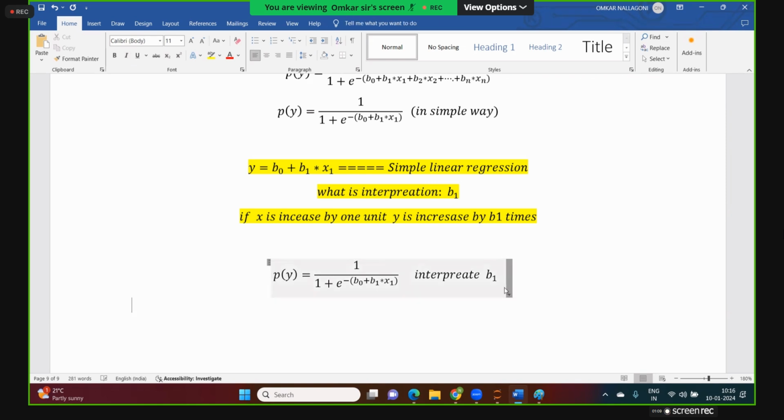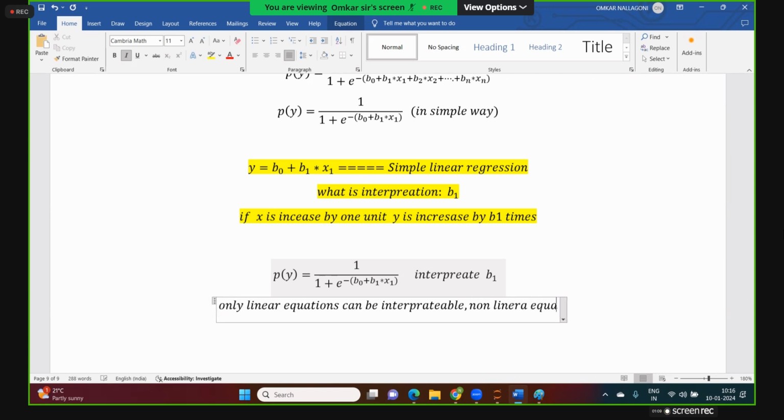Only linear equations can be interpretable. Non-linear equations we can't interpret.